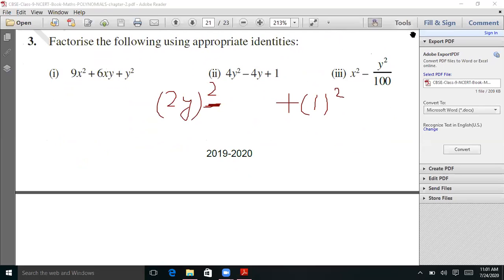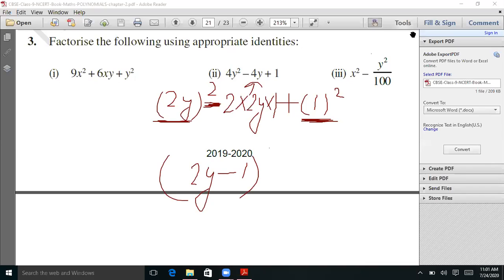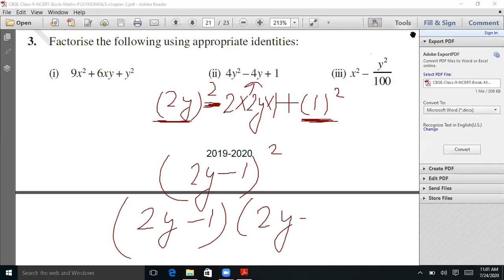And we can make the identity like a square plus b square, and it should be minus 2ab here, and it's the same, minus 4y. Yes, so we can say here it's forming the identity, and we can write here 2y minus 1 whole square. We can write it as 2y minus 1 into 2y minus 1. Good, you all are giving the right answer, very good.